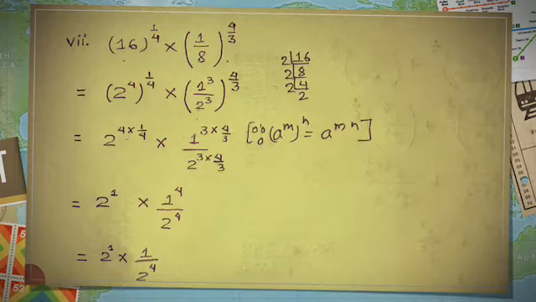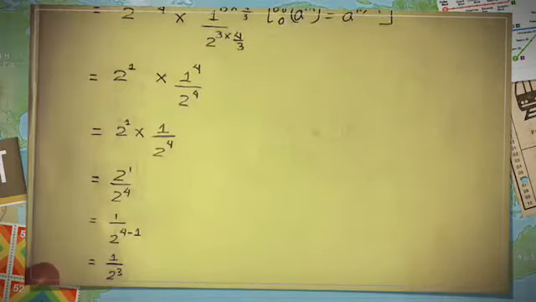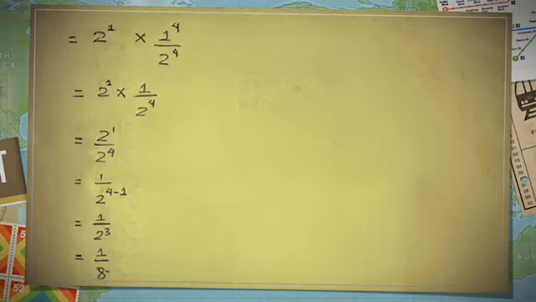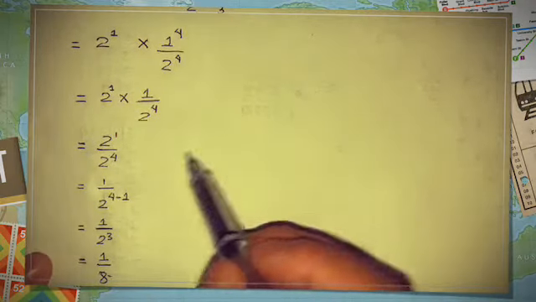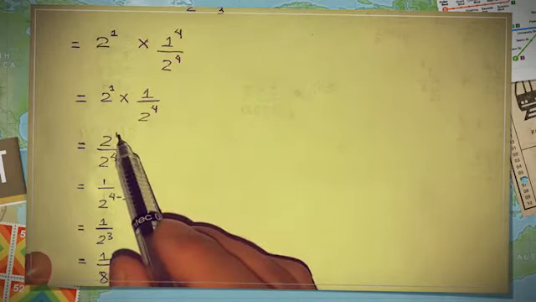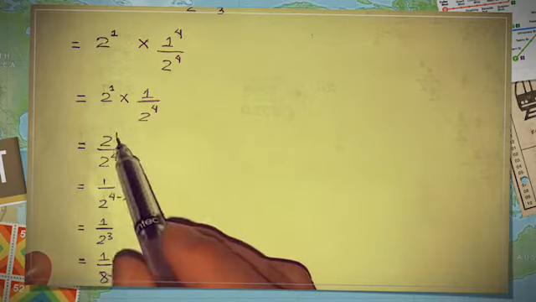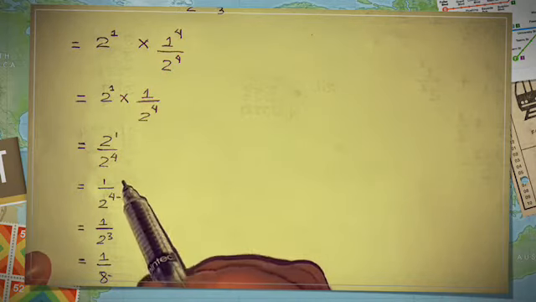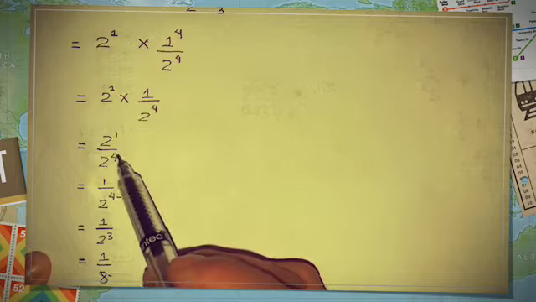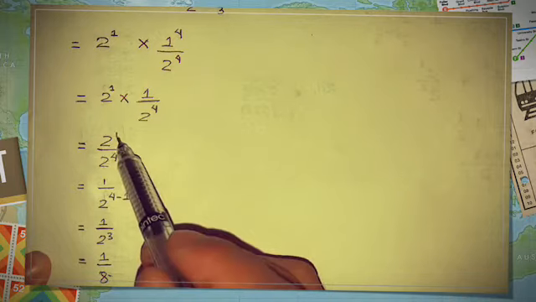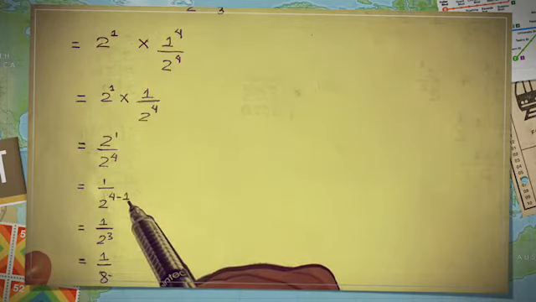Now look here. This is the case of division: something by something. In this case of division, the powers can be subtracted from one another. So here from 4 this power is subtracted.